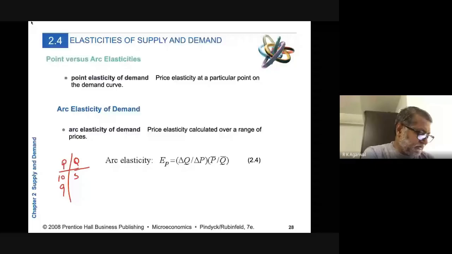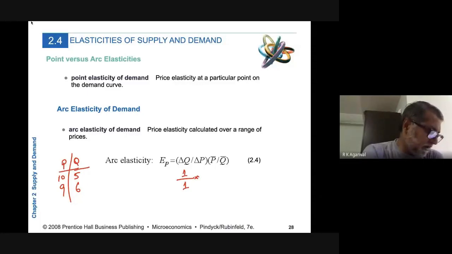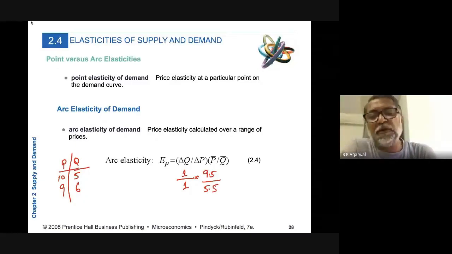So what is the change in quantity demanded? 1, divided by the change in price, that was also 1, multiplied by the average of the two prices, 9.5, divided by the average of the two quantities, 5.5. So this is your arc elasticity.